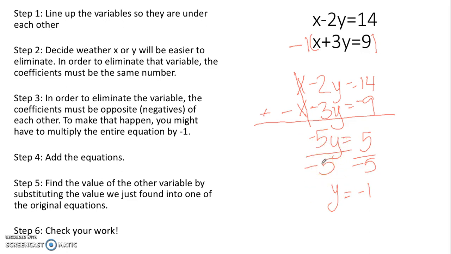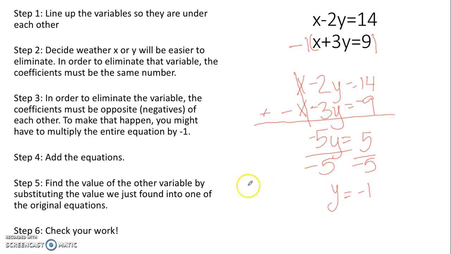Step 5, we find the value of the other variable by substituting the value we just found into the original equation. Just like we did with the substitution method, once you find one variable, you still have to find the other one by substituting it in. It doesn't matter what equation we pick. I'm just going to pick the second equation.